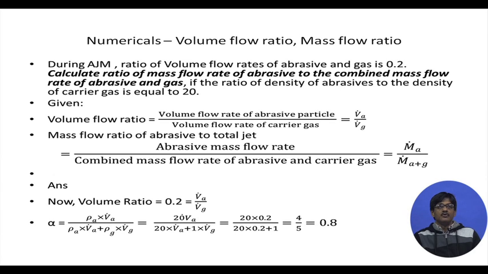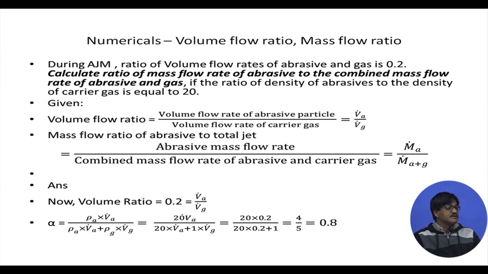So, if the volume flow ratio is 0.2, alpha, which is the mass flow ratio, is equal to rho A into V dot A divided by rho A into V dot A plus rho G into V dot G. We are putting in the values of the density ratio.